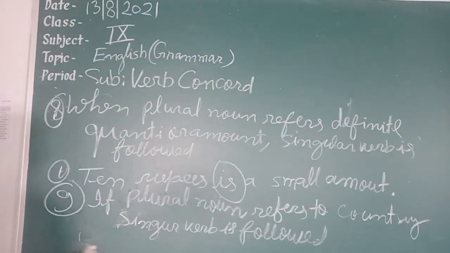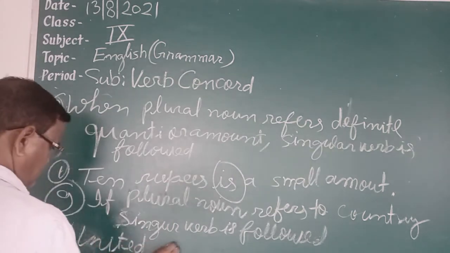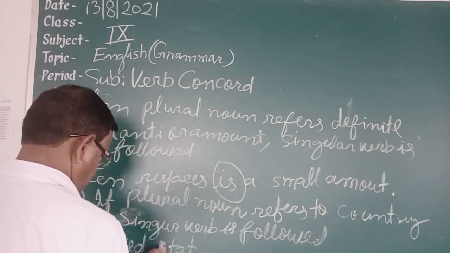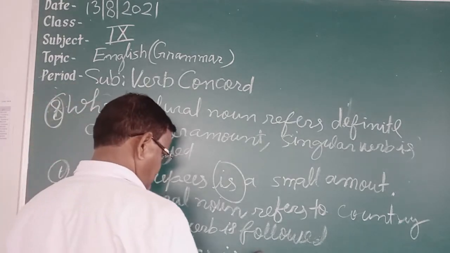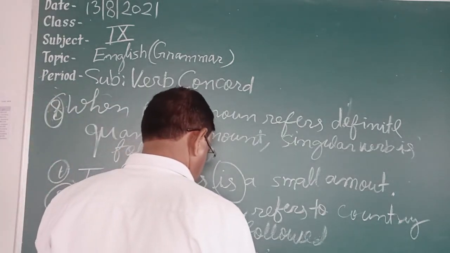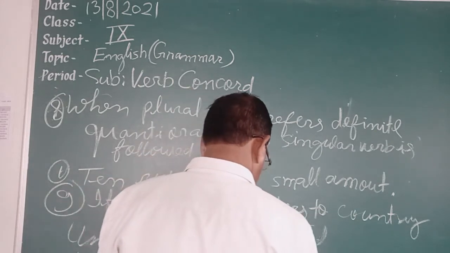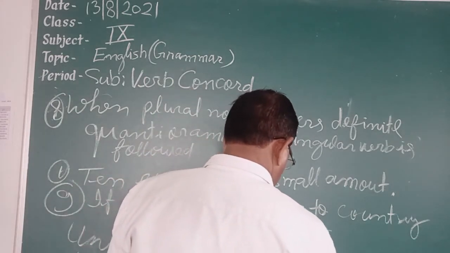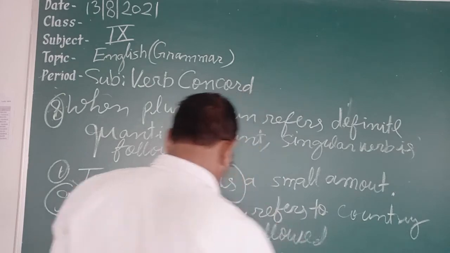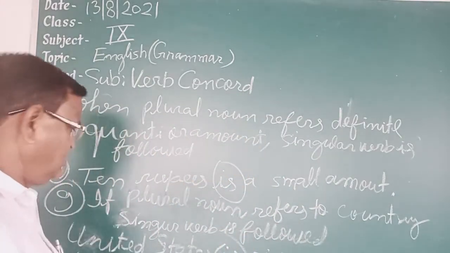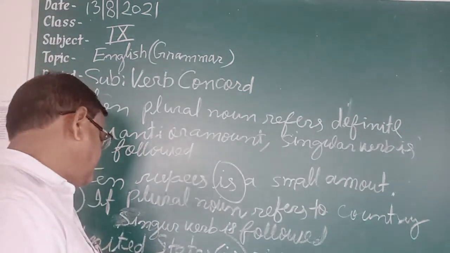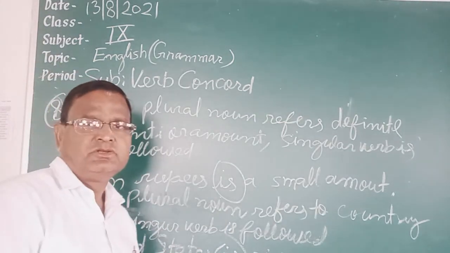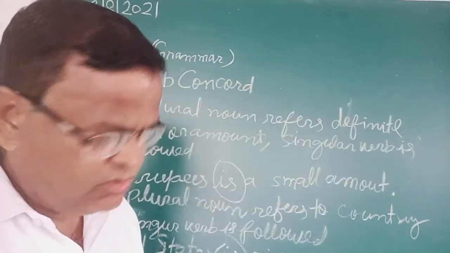Example: United States is a rich country. Here is has been used because this plural noun, United States, refers to a country. So students, remember some other rules.